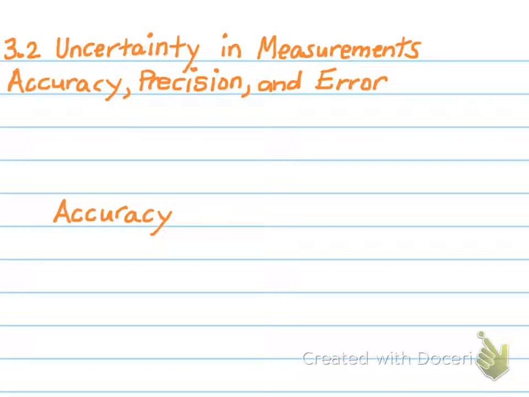So the next thing we want to talk about is how we know how good our measurements have been. So we're going to talk about accuracy, precision, and error. And really what we're going to be talking about here is our correctness and our reproducibility.